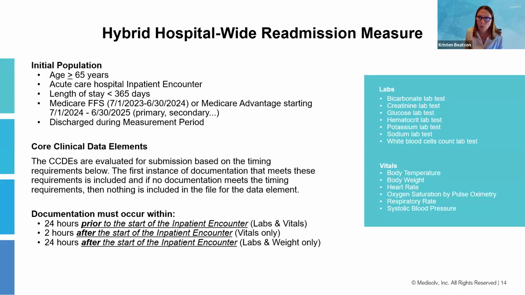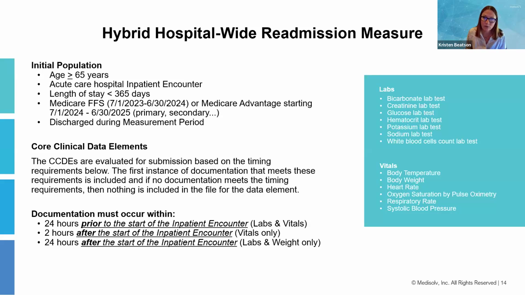Starting 7/1/2024, the beginning of the next hybrid reporting year for CMS, you will be adding Medicare Advantage to the Medicare population that's evaluated for these measures. So that is new for starting next year. This year, right now, the data collection period you're in, it's just Medicare FFS, and starting July 1 will be Medicare FFS and Advantage.